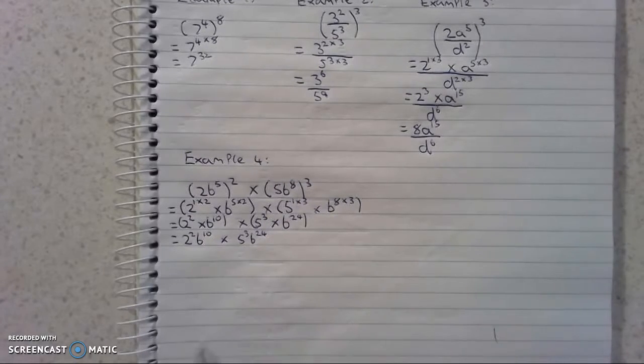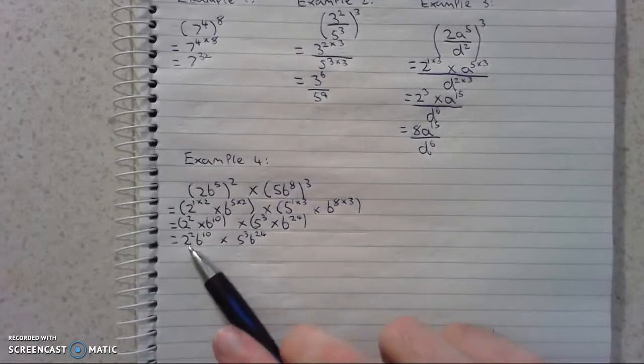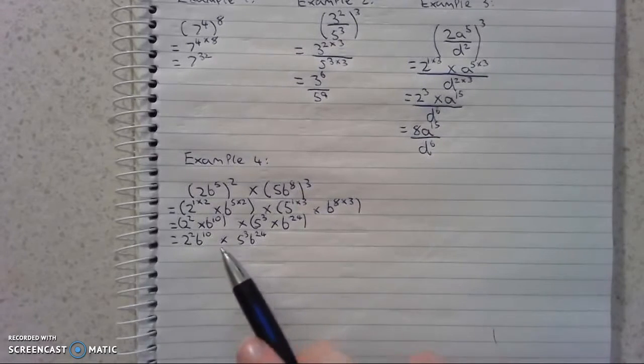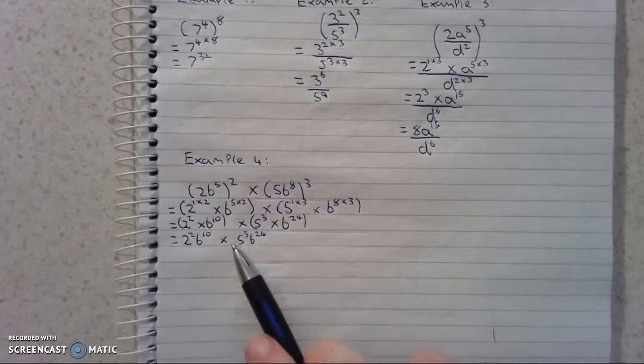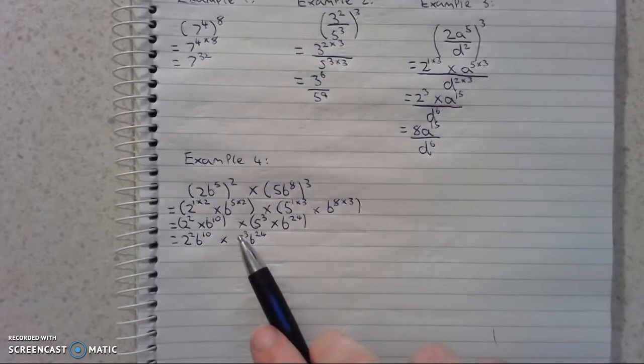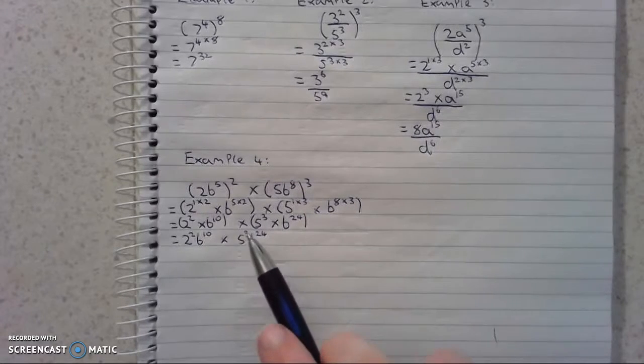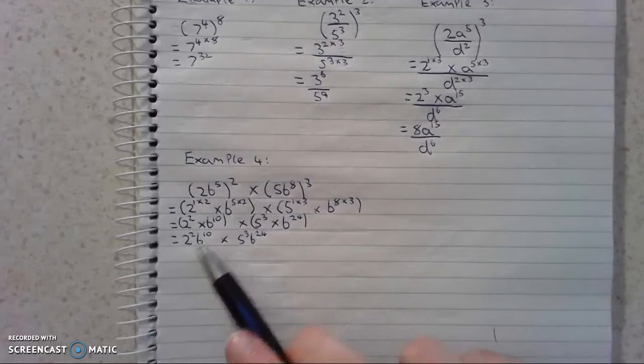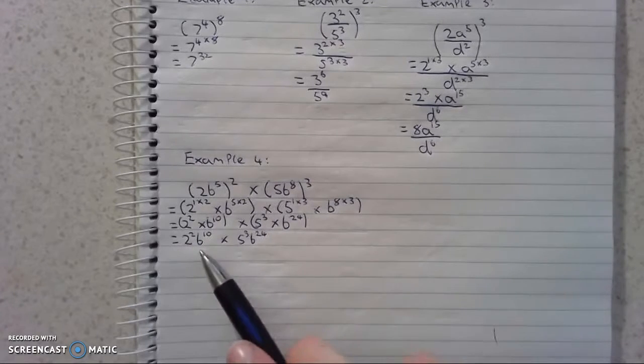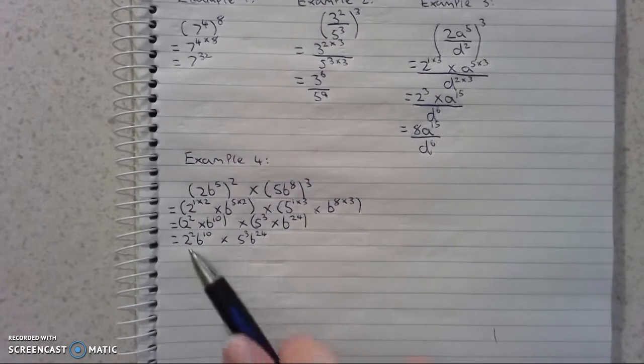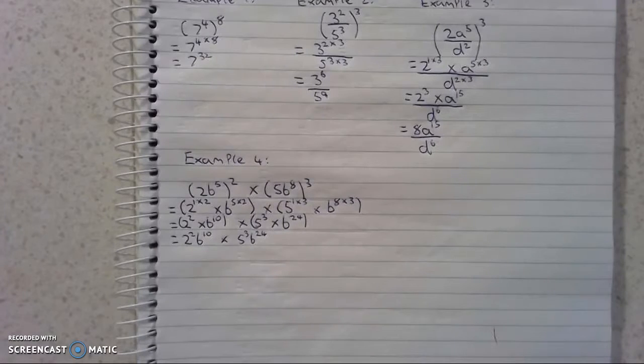Now what we can do looking at this is apply our first index law, because what we have is some coefficients, and two b's here will be similar bases.